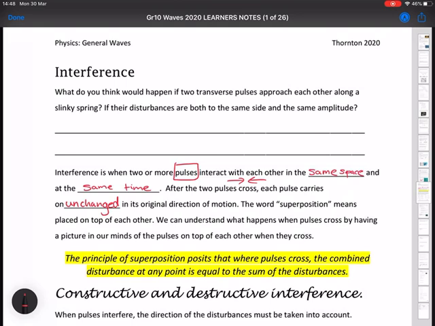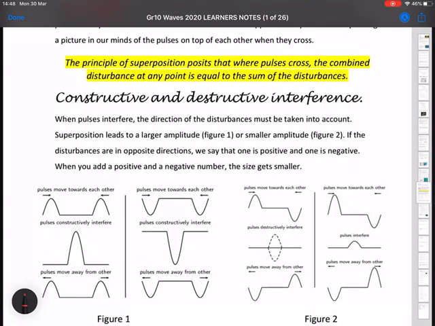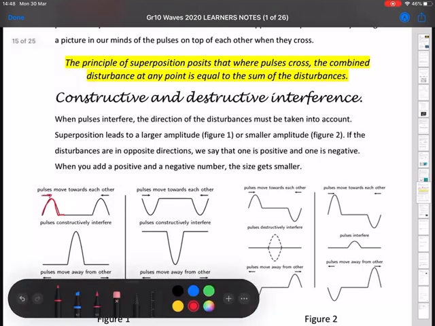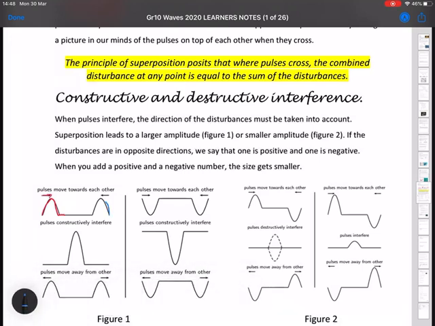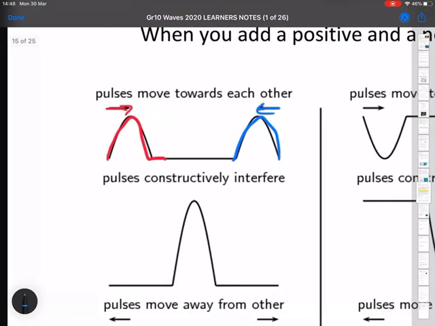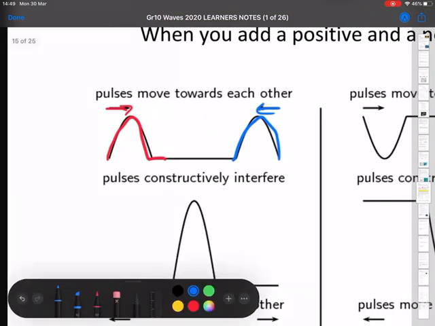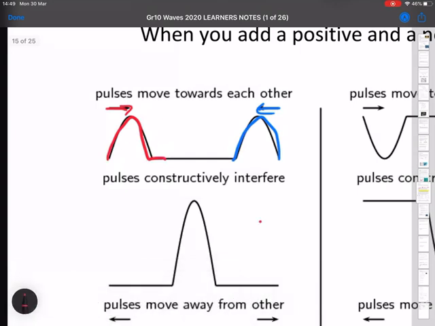Okay, so what I mean by that is if you've got a pulse, here's a red pulse, the red pulse is moving to the right, and I've got a blue pulse, and the blue pulse is moving to the left. So if I've got those 2 pulses, when they pass each other, you're actually going to get one wave that's bigger than each individual.